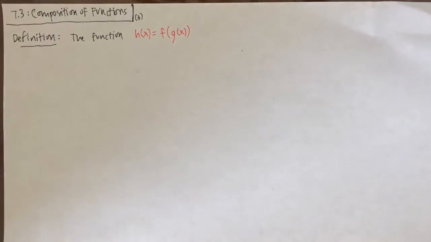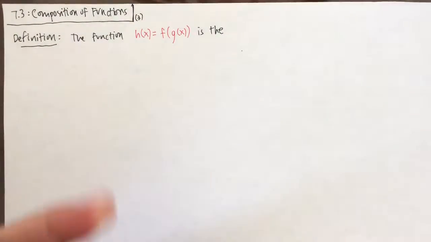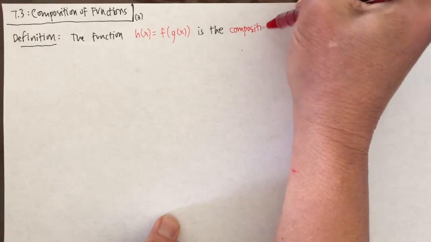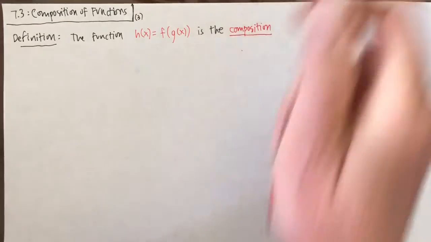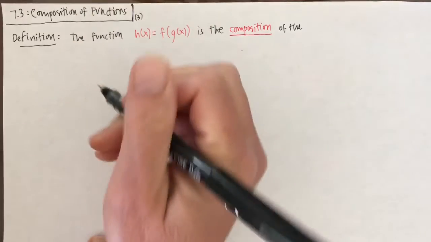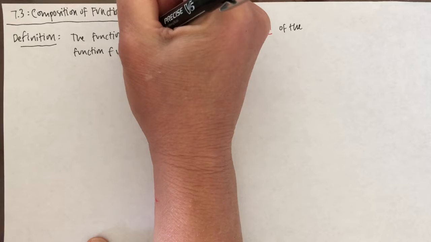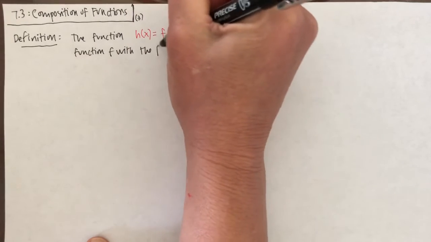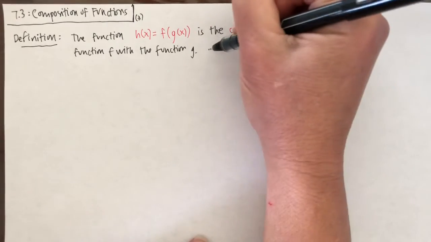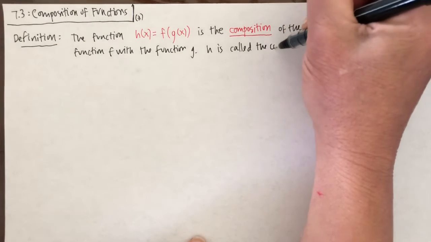So a lot of letters, a lot of parentheses here, is the composition of the function f with the function g. h is called the composite function.